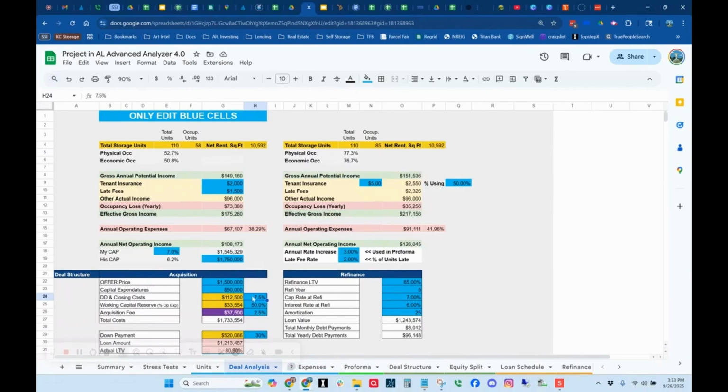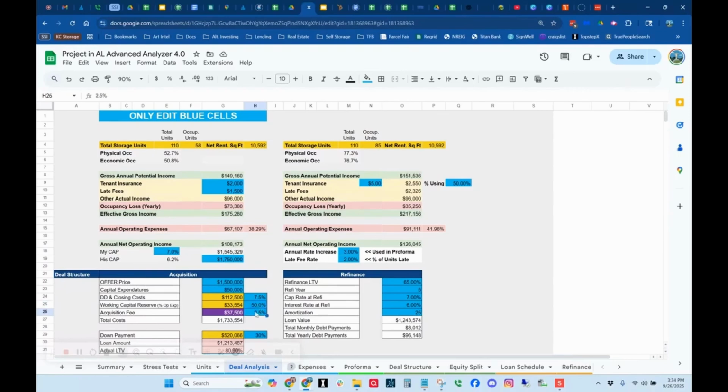Now, the 7.5% we put in is for due diligence and closing costs. Working capital reserves is a percentage of operating expenses. So we use a 50% number of the annual operating expenses. That'll give us 6 months worth of working capital, in case something goes wrong, we can at least cover our expenses.